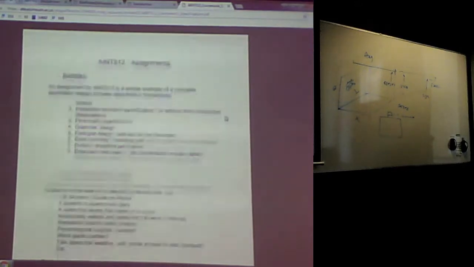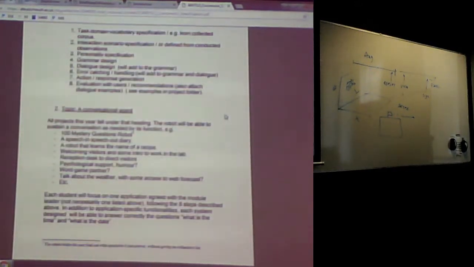Something I would like to insist on: what you're developing is a conversational agent. If you just tell a machine, give me 2 pizzas, that's not a conversation. So whatever application you choose, make a conversation out of it. The application doesn't matter, the conversation matters. Some applications naturally have a conversation, like a game or psychological support.